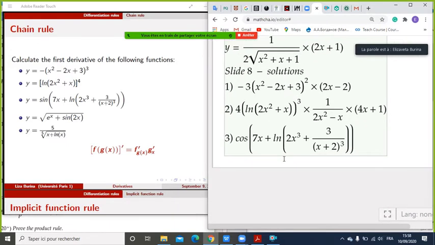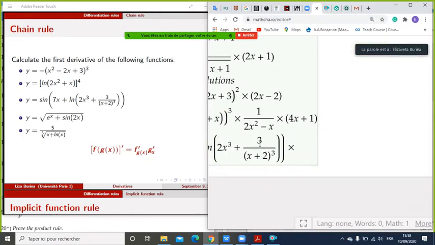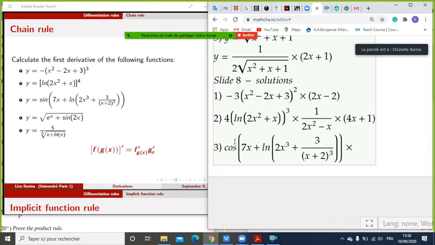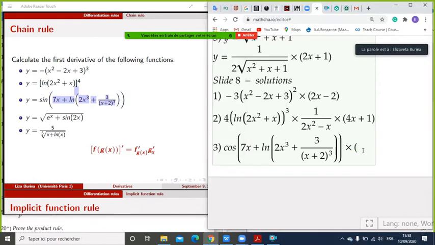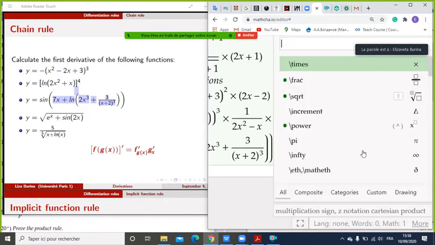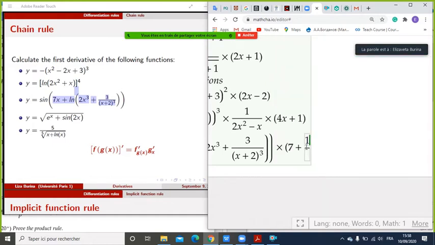Now that we have to multiply by the derivative of the inner for sinus function, by the derivative of this thing. This thing is a sum of two things, so we'll have first 7, then plus, and the derivative of the log is just 1 over whatever is inside the log.